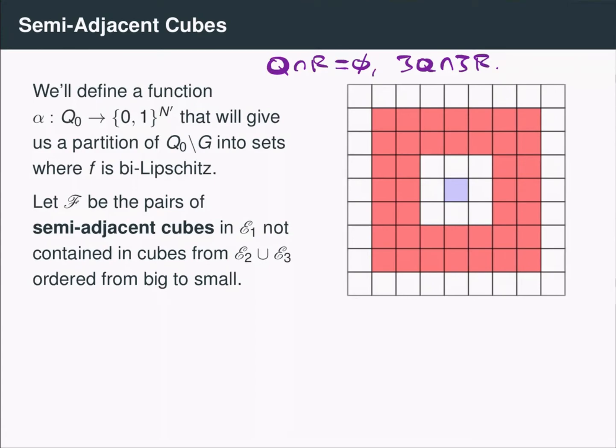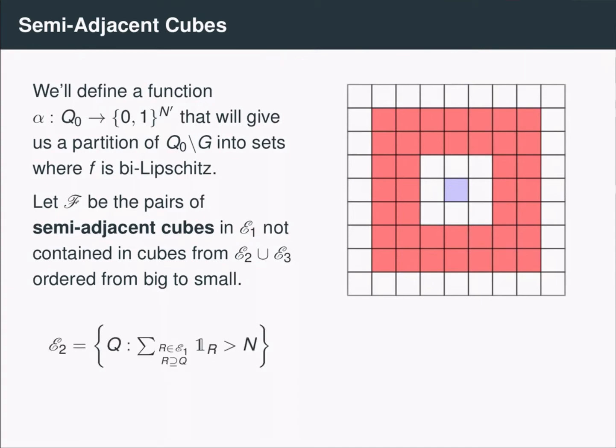Okay, so they aren't very close, but they're not too far from each other either. So for example, if this cube here is Q, then all the red cubes that have side length equal to that of Q are semi-adjacent to Q. So this is the picture to have in mind.